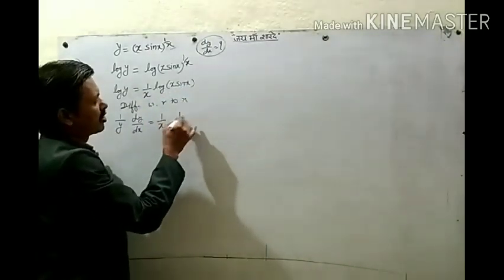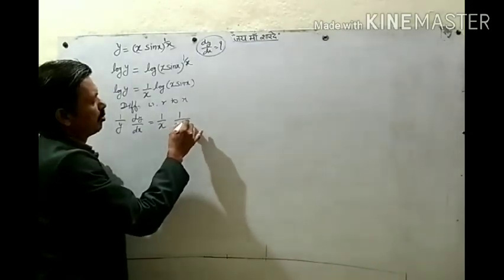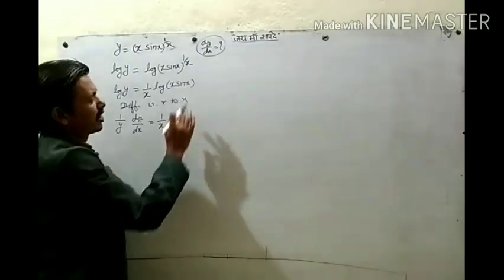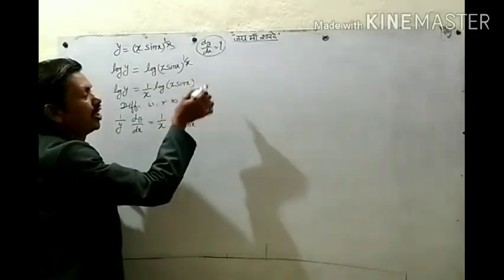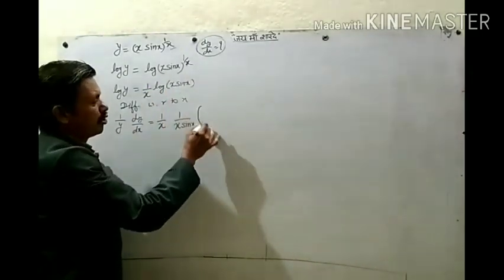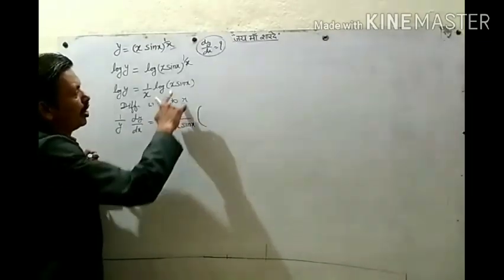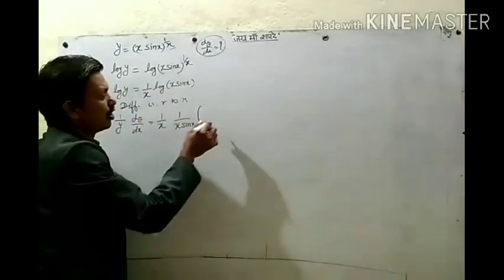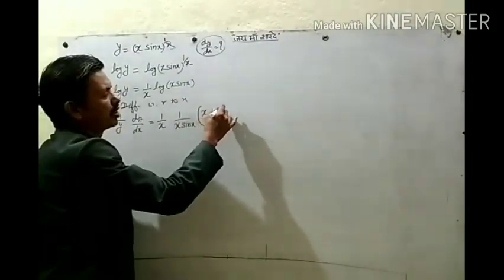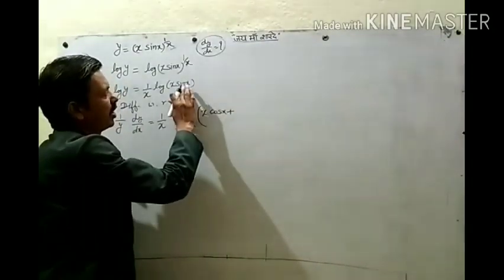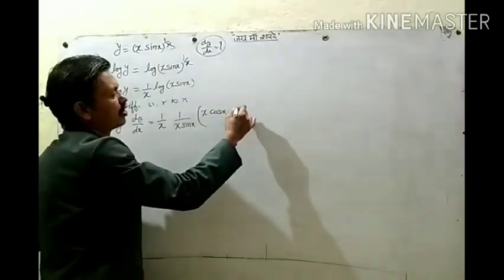The derivative of log x will be 1 by x, meaning x sin x is our x, but it is not actually x, so again you differentiate. Its derivative will be in product of this function, and again there are two functions. So apply the product rule: x as it is, the derivative of sin is cos, plus sin as it is, the derivative of x is 1.